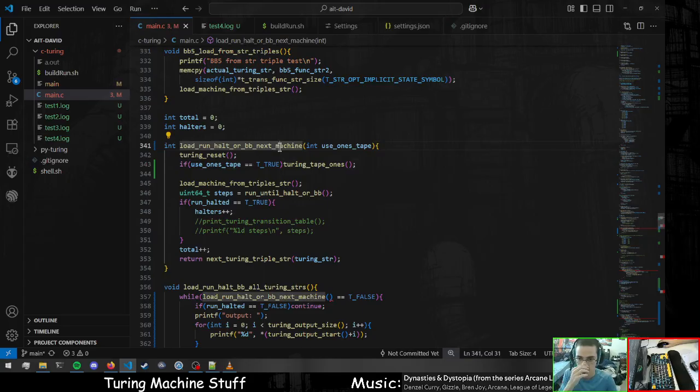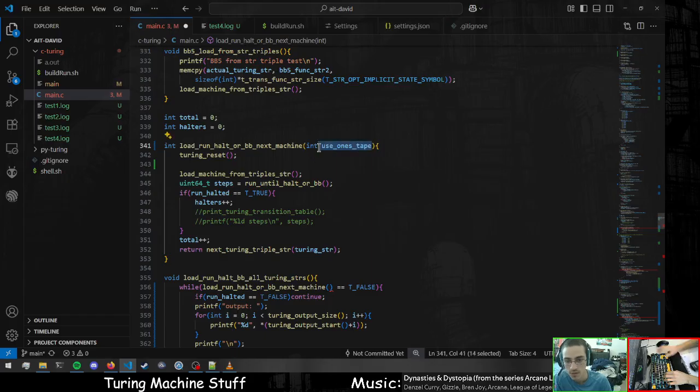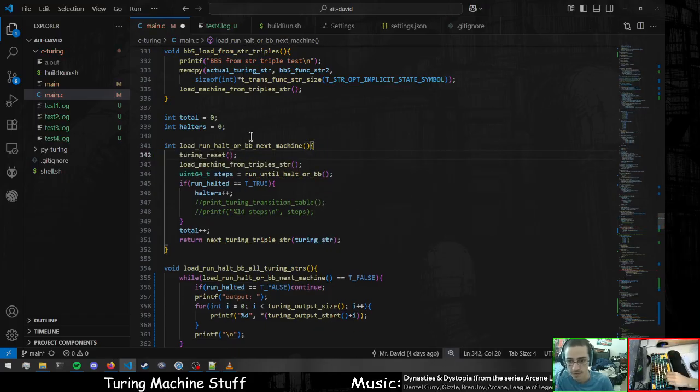The difference here is we don't want to load the next machine. We want to run the same machine twice, one with zeros, the other with ones. So we can't just do that. I think I have to make a separate function for this.